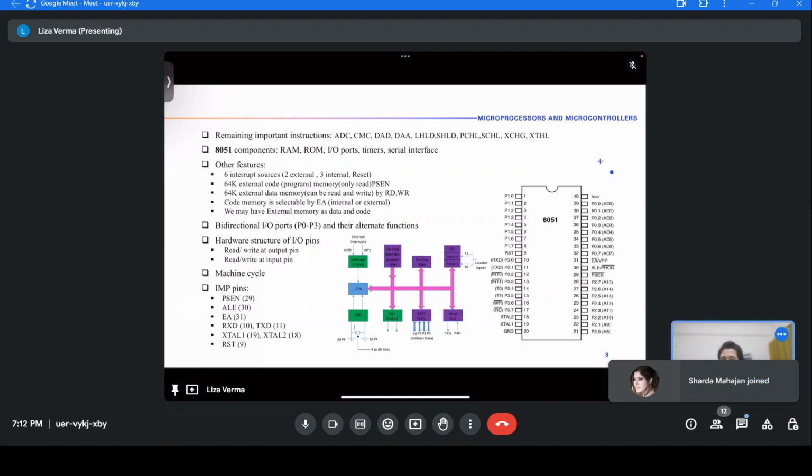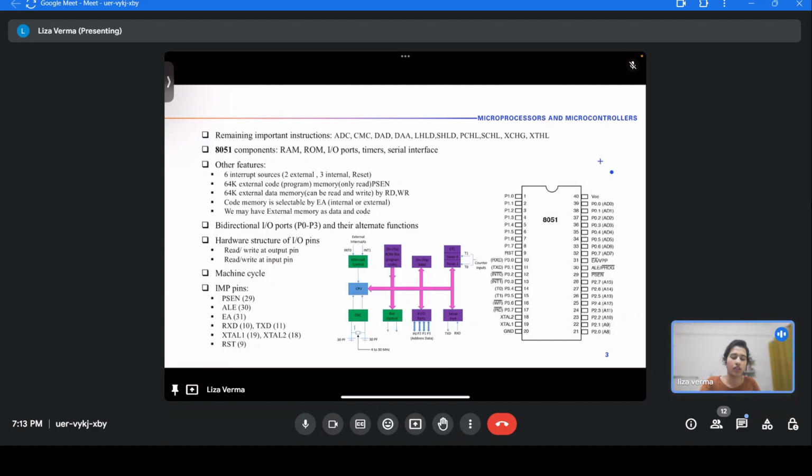The basic difference is that a processor doesn't have any memory built inside it. It's a register-based device, and in a controller, the registers and the memory are there. It's a compact form of processor, with the timer circuit and everything in that controller.